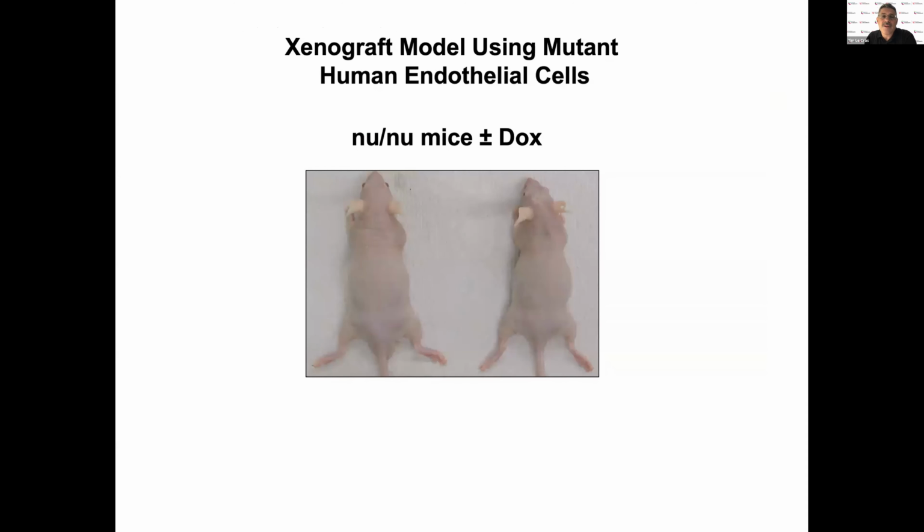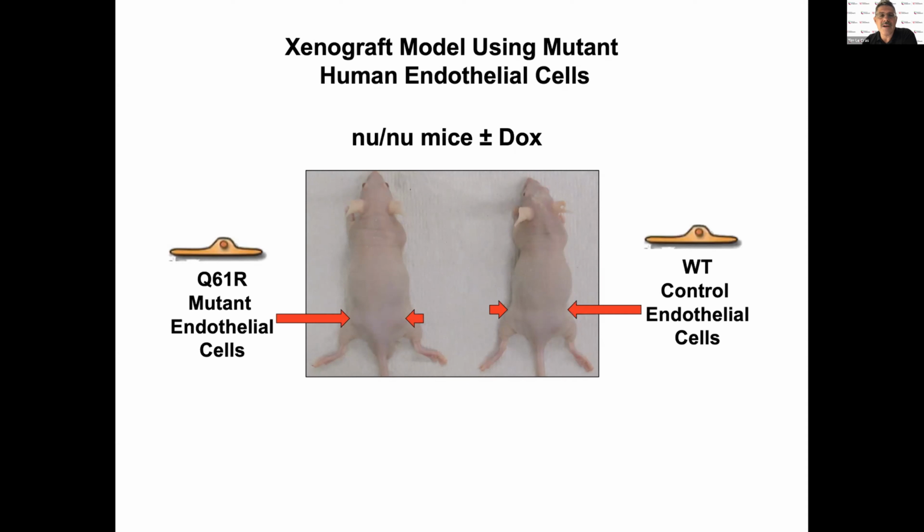So the last model I'm going to share with you, I mentioned earlier, is where we take mutant human endothelial cells, or endothelial cells expressing that mutant gene, and we inject them under the skin of these nude mice. The nude mice, you can see they don't have hair because they also lack an immune system. So that way we can put the human cells in there and they won't get rejected.